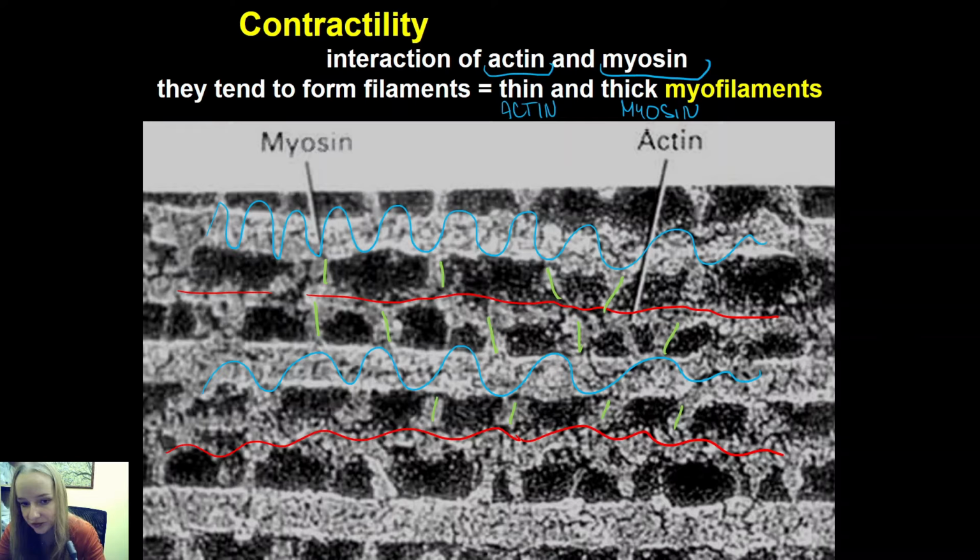These heads can move because of the release of energy from ATP that is on the head, because we know the head contains an ATP binding site, just remember that. And really these connections between myosin and actin are the basics of contractility of muscle tissue.